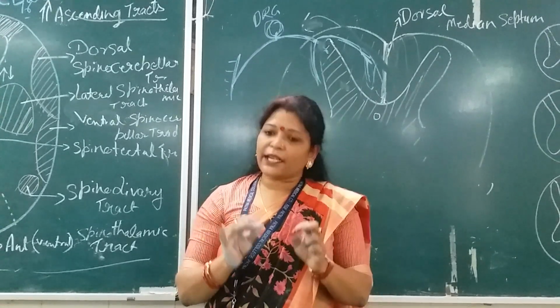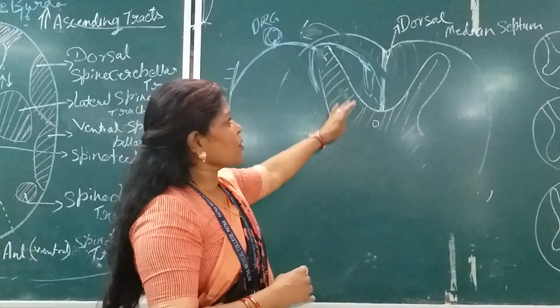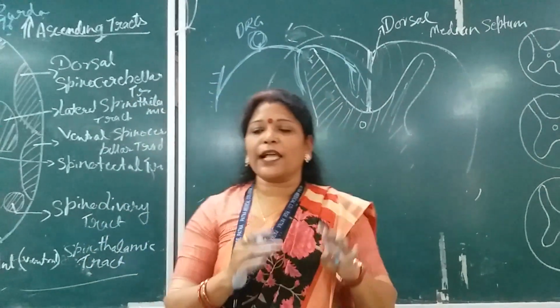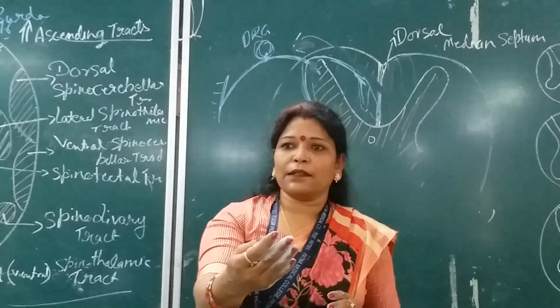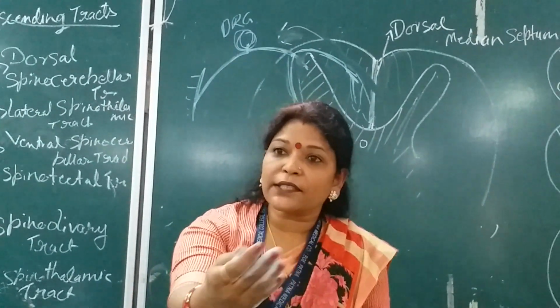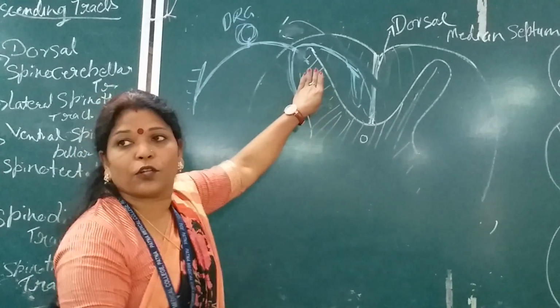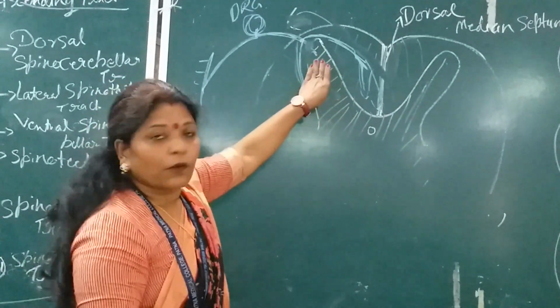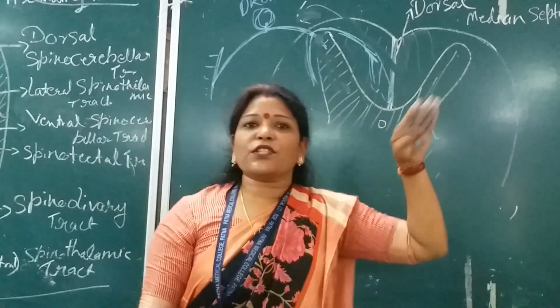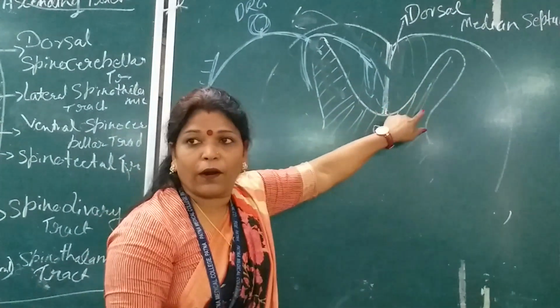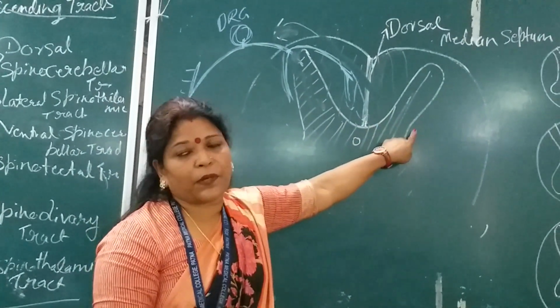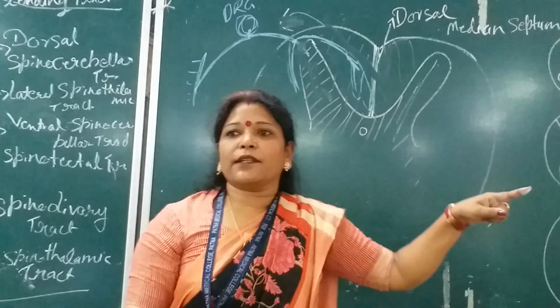Plus these descending tracts also help in the relay of the synapse to the other neurons which are present in the dorsal gray horn. Okay, the sensory neurons which are present in the dorsal gray horn, there it sends their nerve impulses. Okay, that means it is like that.